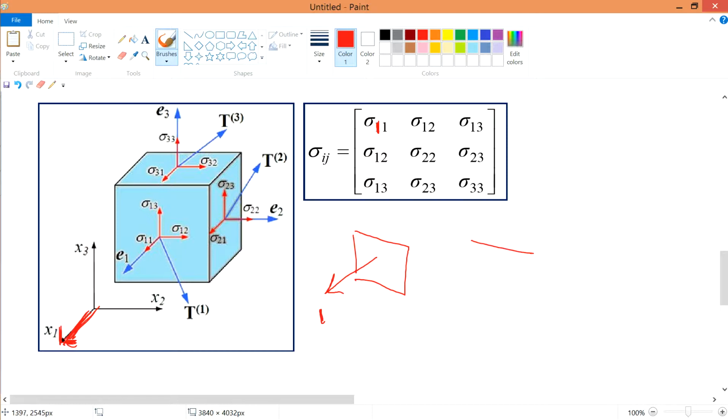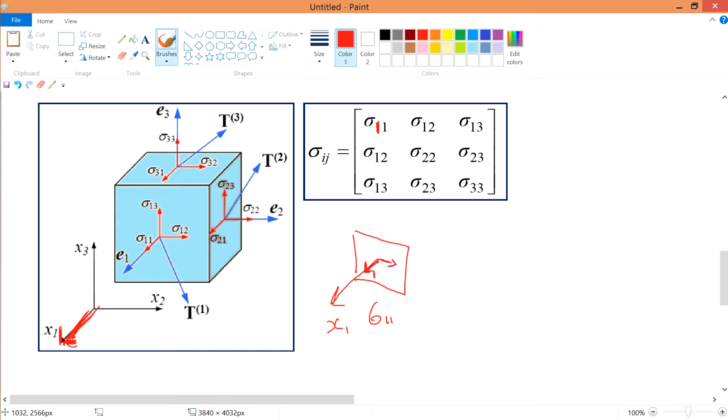If I have the second direction x2, for example, then the plane perpendicular to x2 is this one, and therefore it's talking about here right now. Alright, and the force acting on this plane, for example, if this is x1, and we have a force that is acting just in this direction, then we can call this sigma 11, a stress 11.